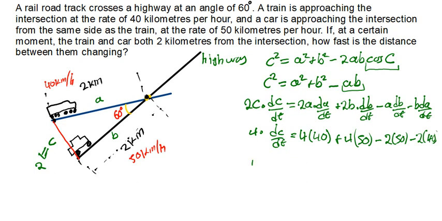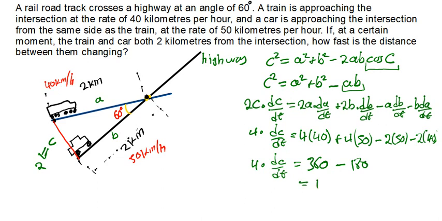So we're going to have 4 dc/dt equals 4 by 40, which is 160, plus 4 by 50, which is 200, so that gives 360, minus 2 by 40, which is 80, so that would be minus 80. Hmm, 360 minus 180, which is simply 180.